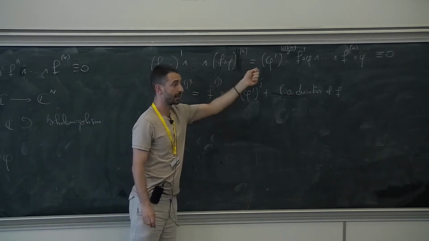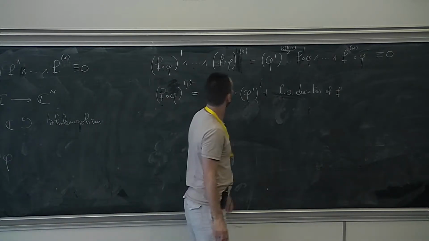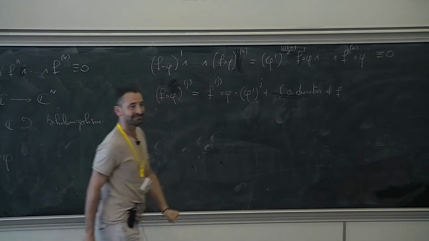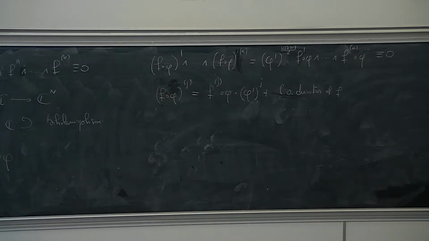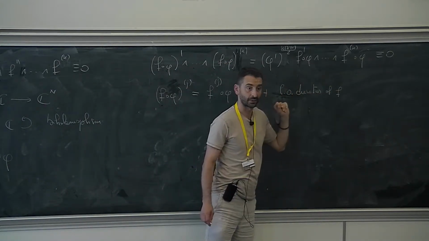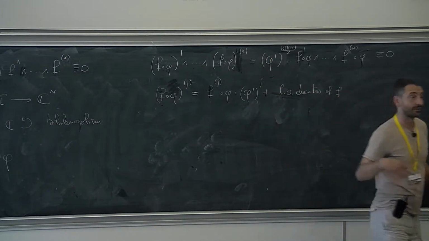So you have to sum up the first k numbers, and like Gauss explained to us, the sum is this, right? So you see, since phi is a holomorphism, phi prime is different from 0, and then you have that f satisfies this equation if and only if f composed by phi satisfies this equation. Okay? So you have this sort of invariance by reparameterization.